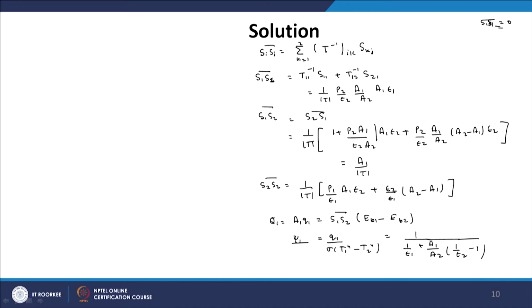That is the net radiation transfer for surface 1, A1 Q1 is equal to S1S2 (EB1 minus EB2), and substituting the expression for S1S2 we get the result which we discussed earlier also, the same result. Although the calculation here is much more involved and we have to go through complicated algebra, the purpose was to demonstrate the concept of total exchange areas.